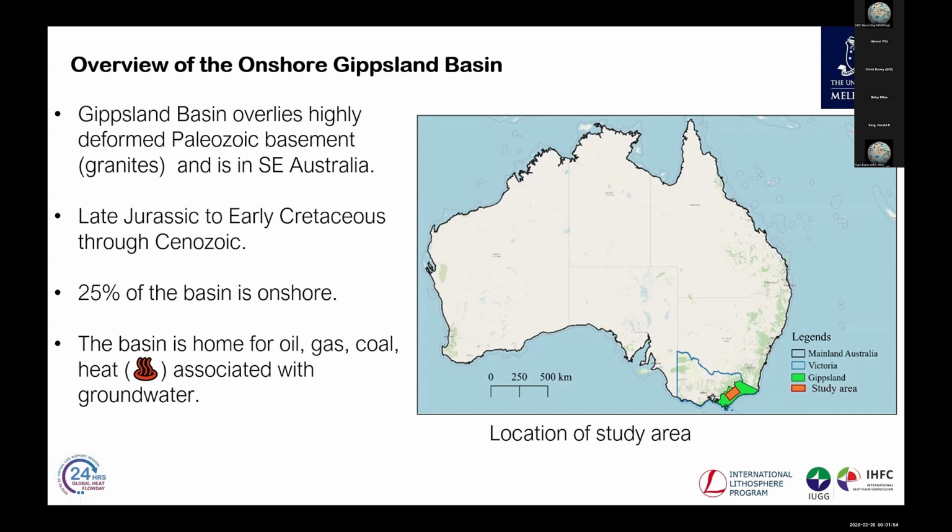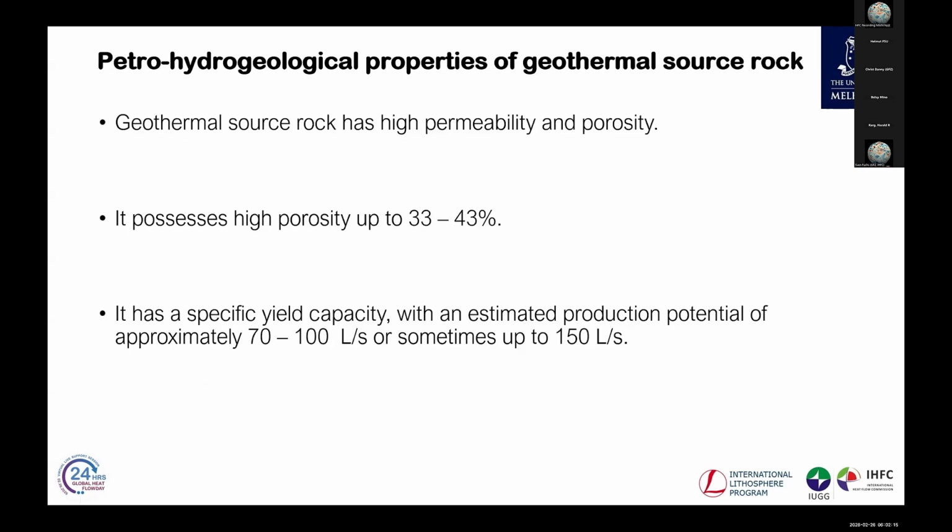In terms of exploration, the Gippsland Basin is extensively explored for fossil fuels such as oil, natural gas, and coal. But when we come to the exploration of geothermal energy sources, it is underexplored and underutilized. We can take a look at some petrohydrogeological properties of the source rock that is responsible for storing both the heat and the water.